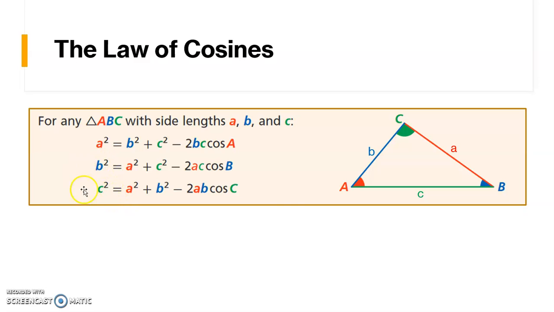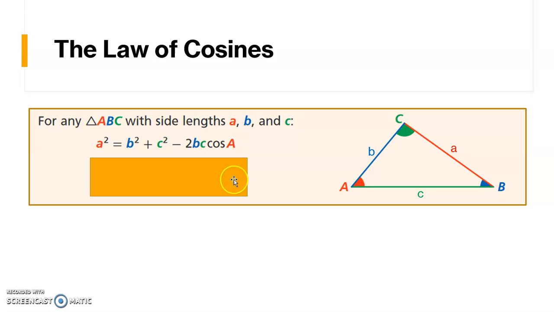Now, I don't like to use all three of these. The thing to remember is that the side length that is here needs to be across from the angle measure you're referencing here. That's the important thing to remember. So what I'm going to do is cover up the two expressions that I don't want right now.